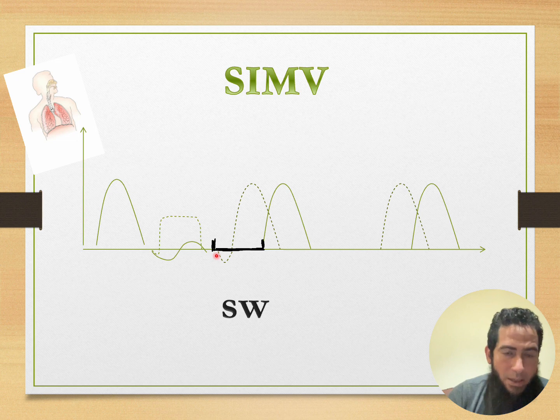If any spontaneous breath comes in this window, it will be fully assisted, and the next mandatory will be omitted, and even the next one will be moved forward, so the interval will be the same. Any spontaneous breathing outside would be either just the spontaneous breath or a spontaneous breath with pressure support.